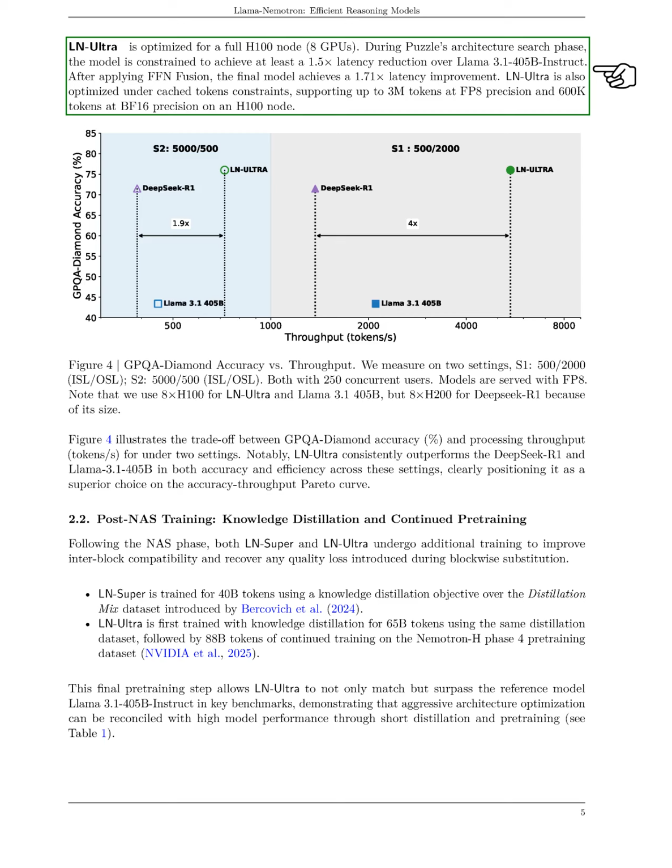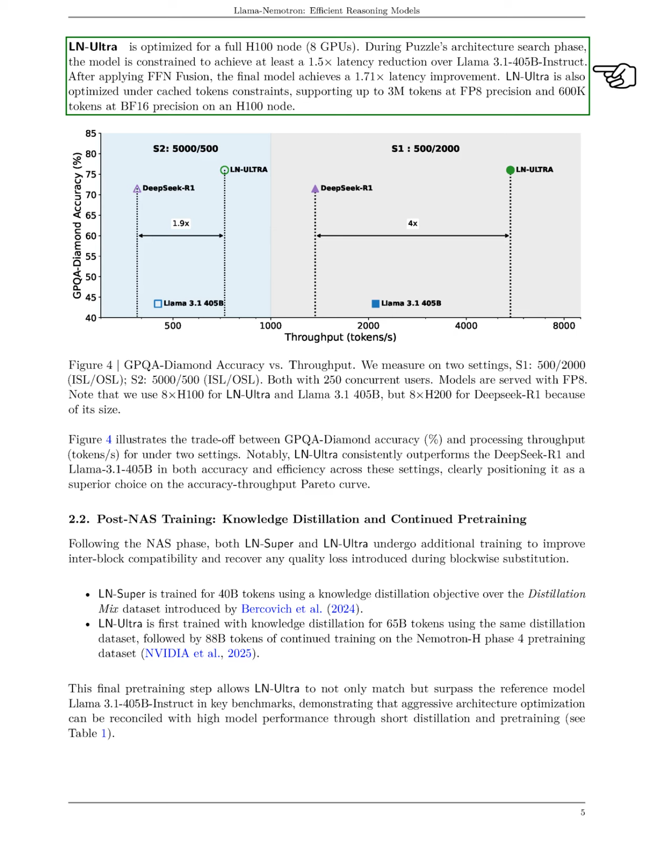LN Ultra, on the other hand, is optimized for a full H100 node with 8 GPUs. During the architecture search phase with Puzzle, we ensure the model achieves at least a 1.5 times reduction in latency compared to Llama 3.1-405B instruct. After applying FFN fusion, we achieve a 1.71 times improvement in latency.